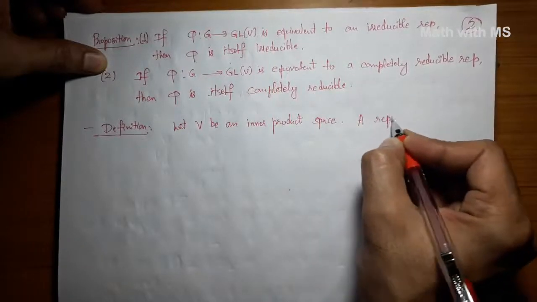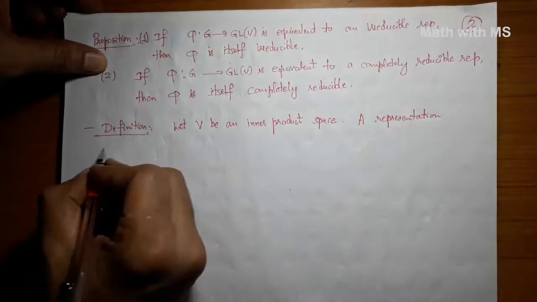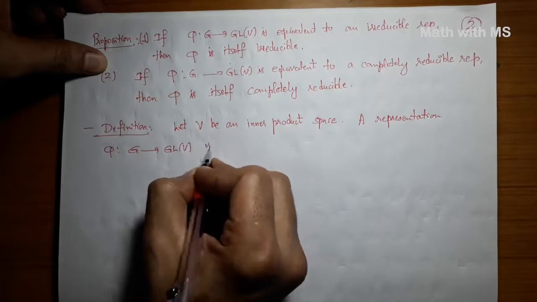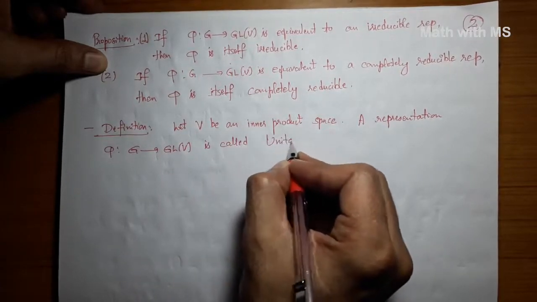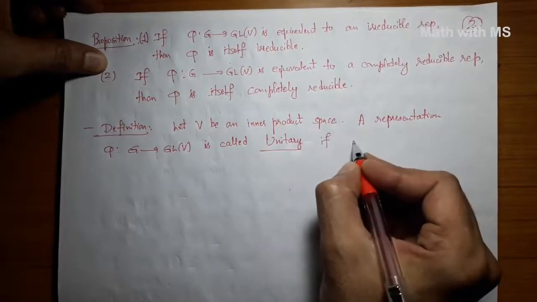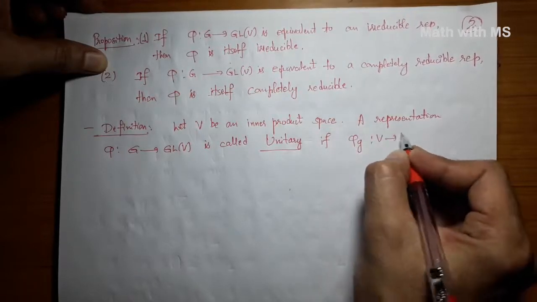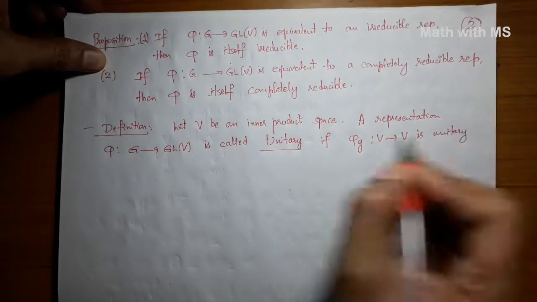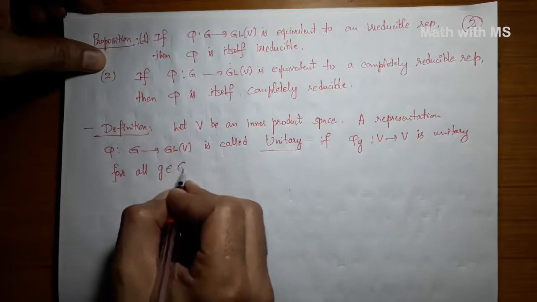A representation phi from G to GL(V) is called unitary if phi_g from V to V is unitary, for all g in G.